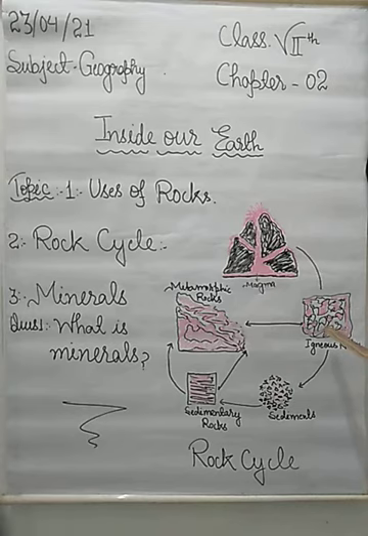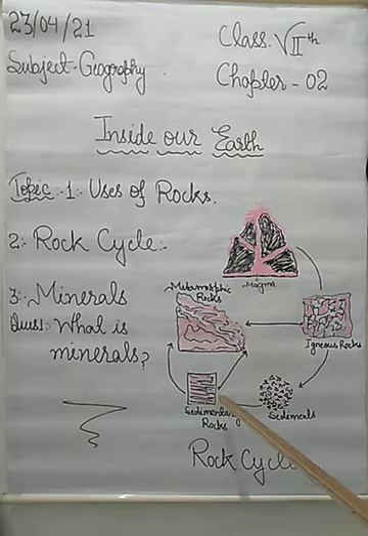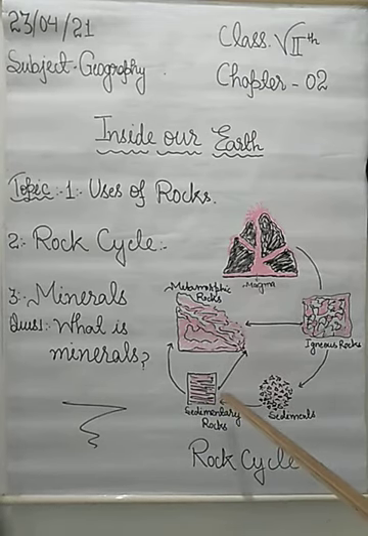Due to heat, pressure and cooling, these hard igneous rocks start to break down into small fragments or small particles of rocks. Again, they are taken by the movement of wind and running water and deposited layer by layer in one place. Thus, it is responsible for the formation of sedimentary rocks.